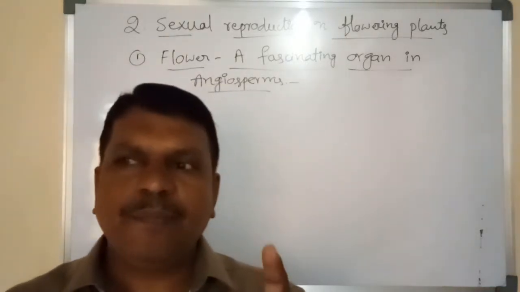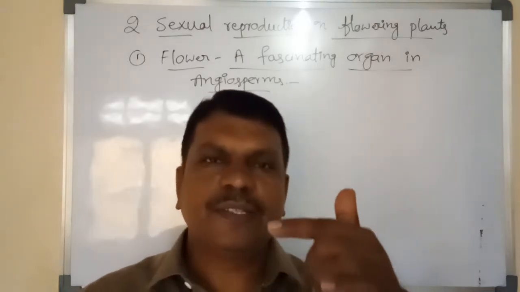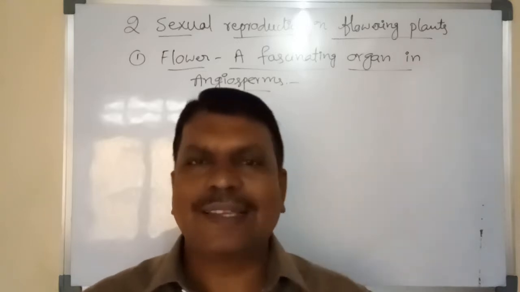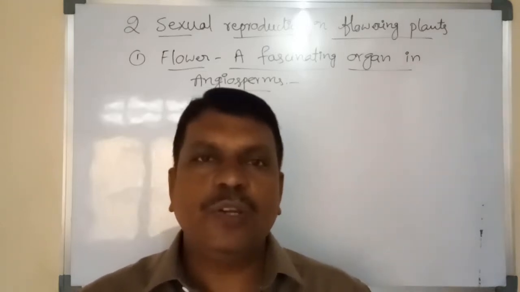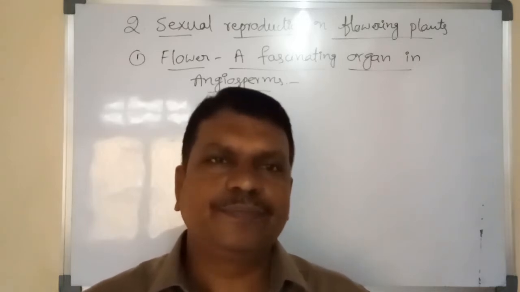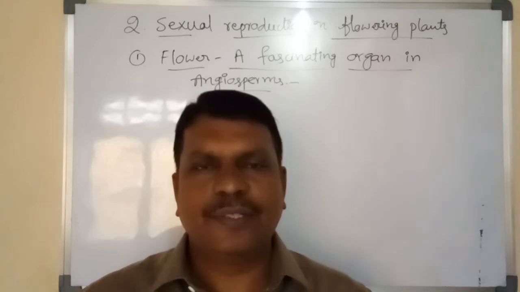Basically, the plant body is made up of two types of cells, vegetative cells and sex cells. Vegetative cells together organize vegetative organs, and sex cells together organize sex organs.